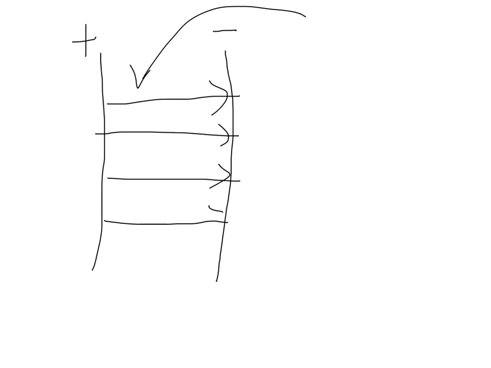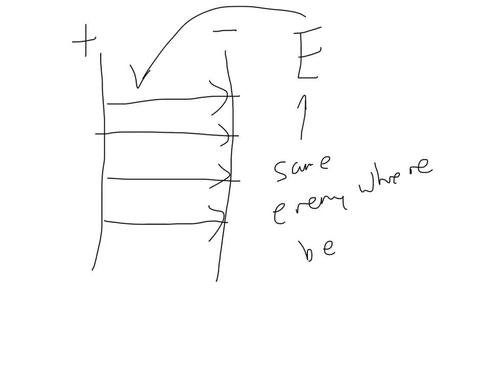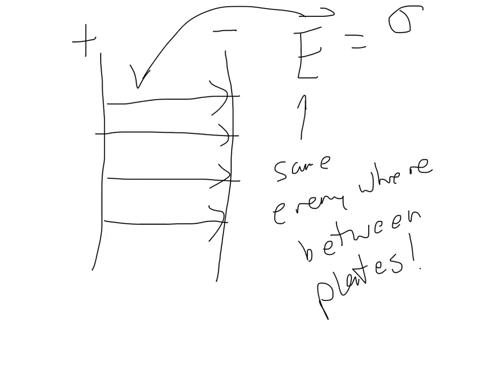We talked about the fact that the strength of the electric field is uniform between these plates. It's the same everywhere. Okay, so it's the same everywhere in between the plates, and it's going to be equal to the charge density on the plates if there were just one plate divided by epsilon 0.